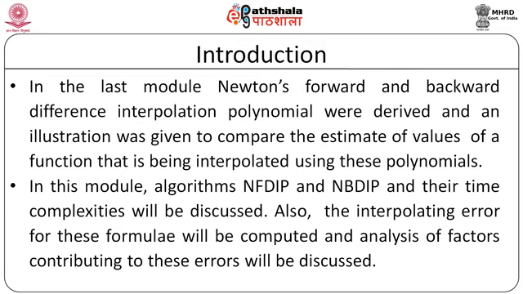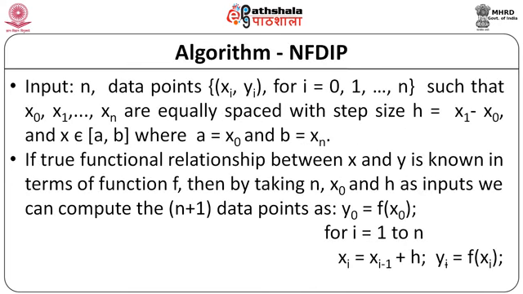So, in this module, the algorithms and their time complexities will be discussed. Also, the interpolating error for those formulas will be computed and an analysis of the factors contributing to these errors will be discussed. So, we first consider the algorithm for Newton forward difference interpolation polynomial.